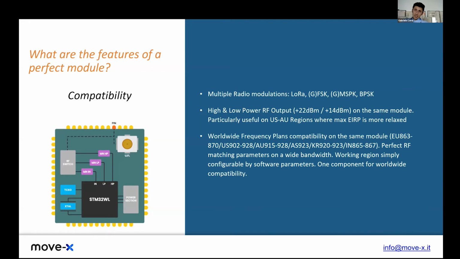Another key fact is the worldwide frequency plan on the same model. That is not an easy thing, because with one model you get worldwide compatibility.